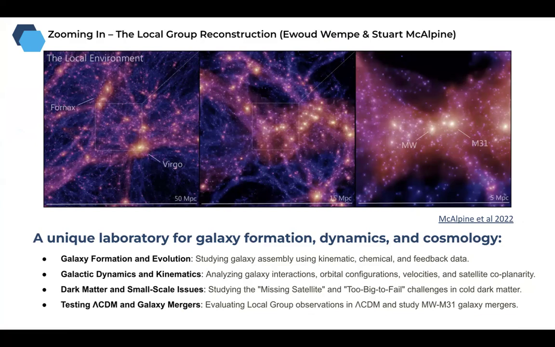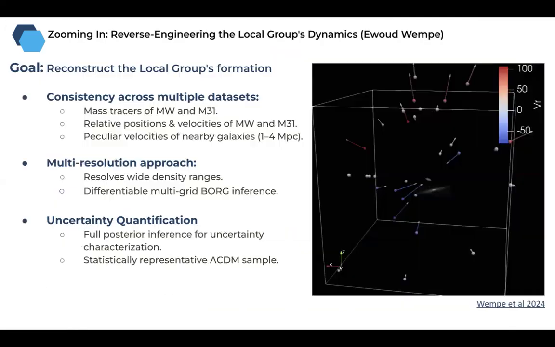This is interesting because it provides us with a unique laboratory for galaxy formation dynamics and cosmology in the very nearby universe, but it's very challenging because we need a huge dynamic range to cover the large-scale structure in which the Local Group is embedded and resolve the dynamics.